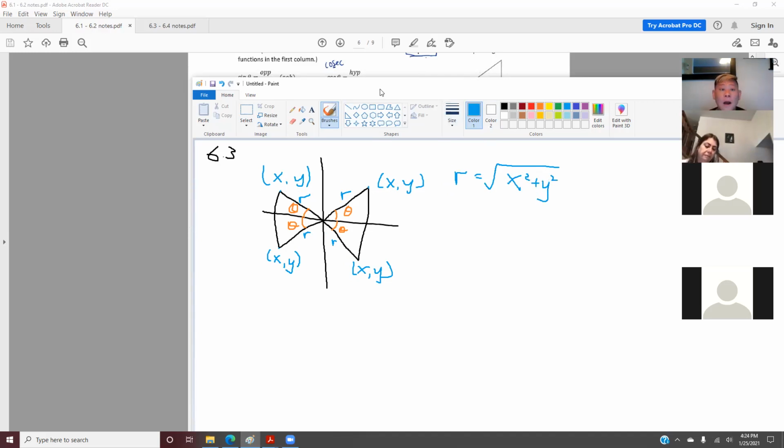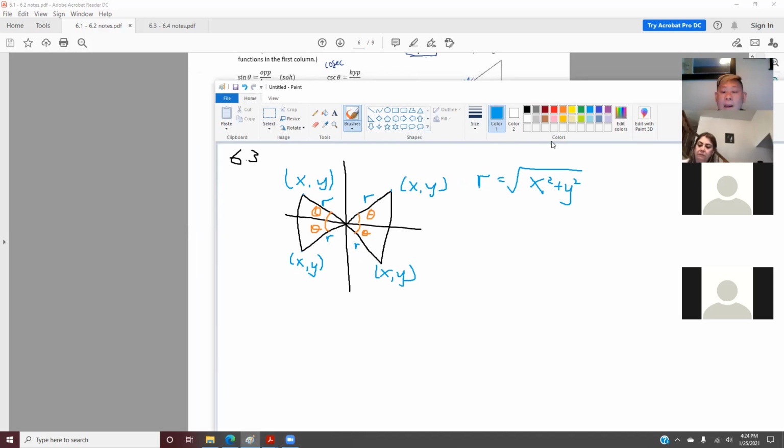If you want to find sine theta, concentrate on just this right triangle. If this is r, and the coordinate here is x, y, then going up and down is a y value, and going sideways is an x value.